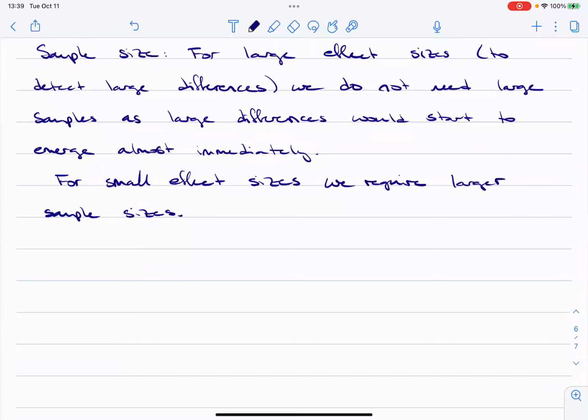If you're trying to detect a small difference, then you need to be really sure about that. Okay. Good.